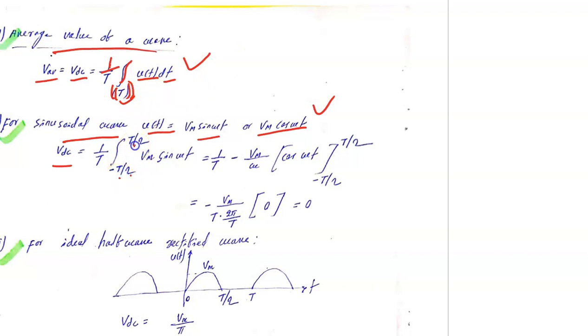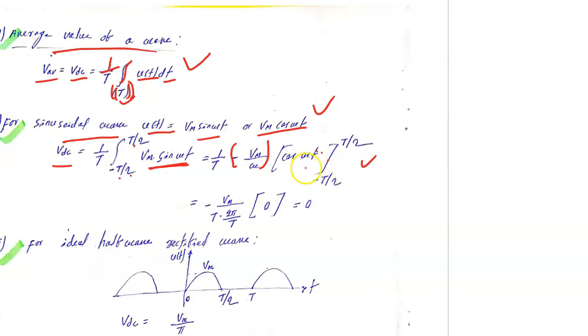So minus T by 2 to T by 2 of Vm sin omega t. So 1 upon T into minus Vm upon omega, when you integrate, gives cos omega t from minus T by 2 to T by 2. You can see that this will be 0.